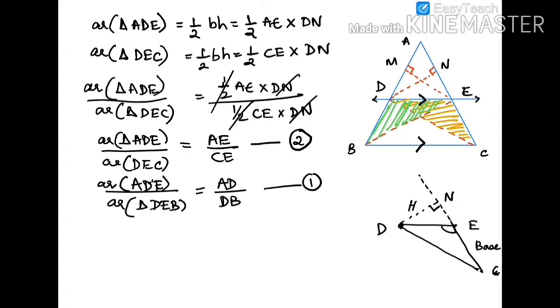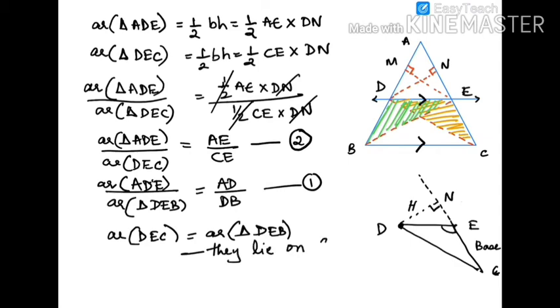We have studied this result in grade 9. So area of triangle DEC is equal to area of triangle DEB. Reason: they lie on same base and between same parallels.